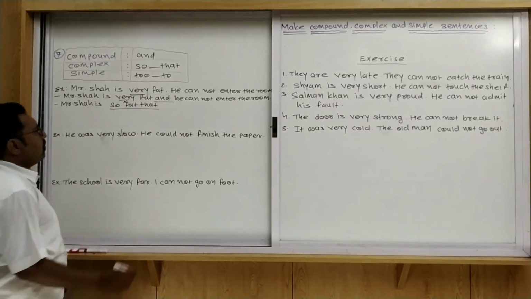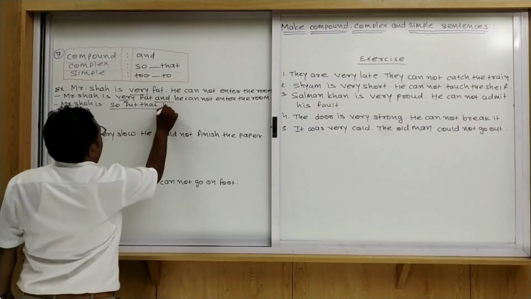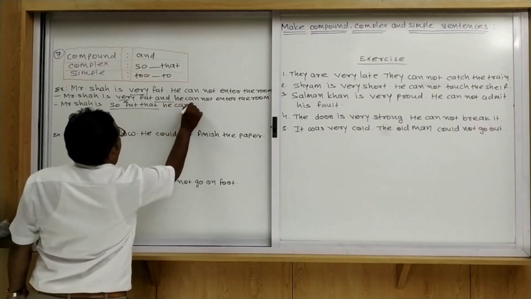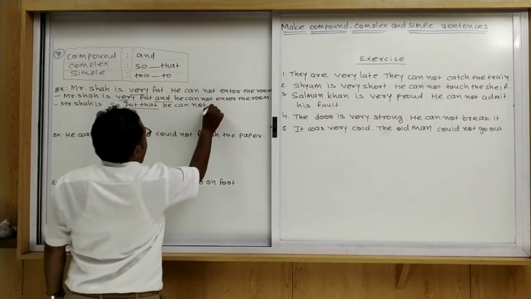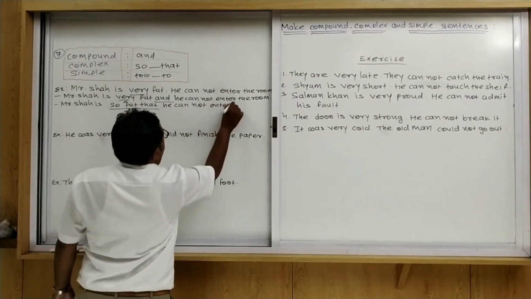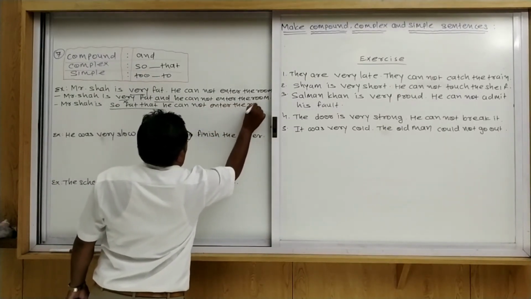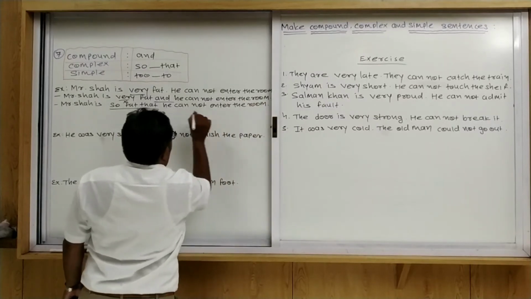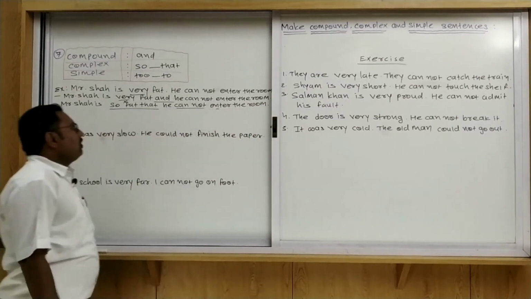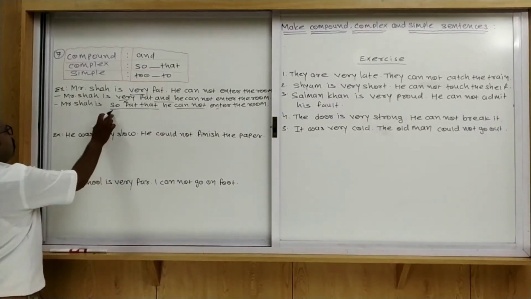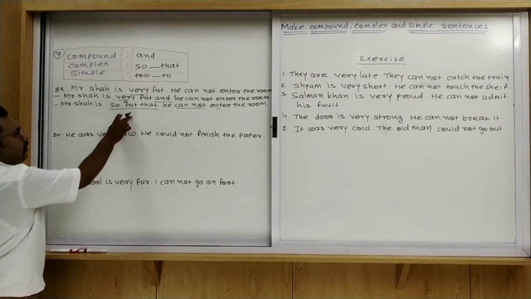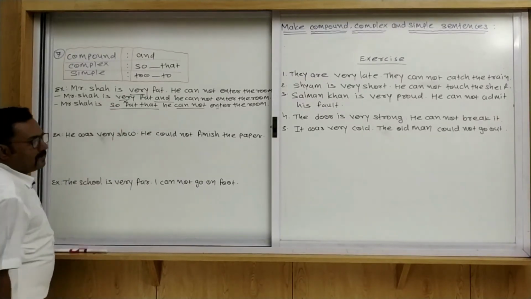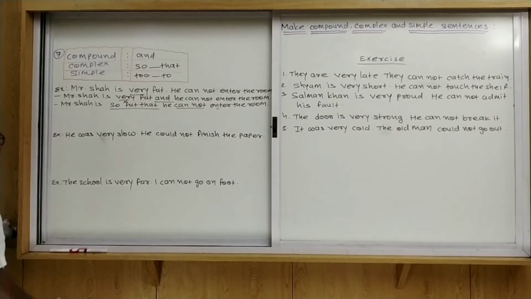Mr. Shah is so fat that he cannot enter the room. He cannot enter the room. Mr. Shah is so fat. When we use "so that", at that time we remove "very".